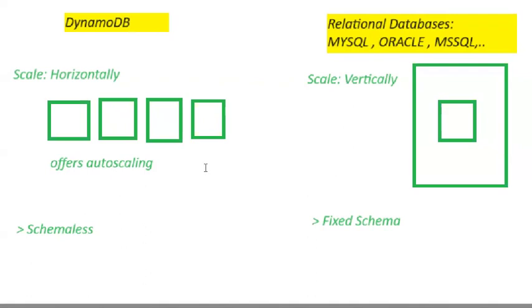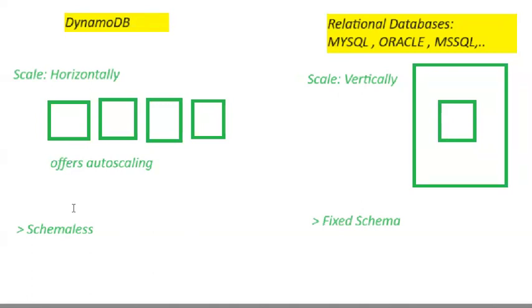In DynamoDB, we do not need to specify any table structure in advance compared to relational databases. Since it is schemaless, each item can have many attributes, and all the items don't need to have the same number of attributes.